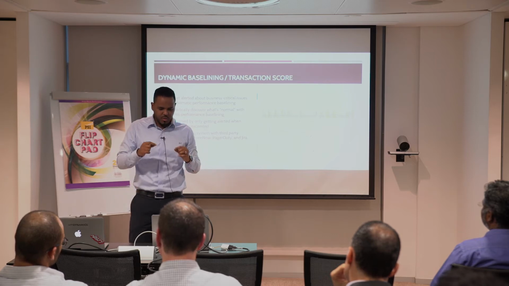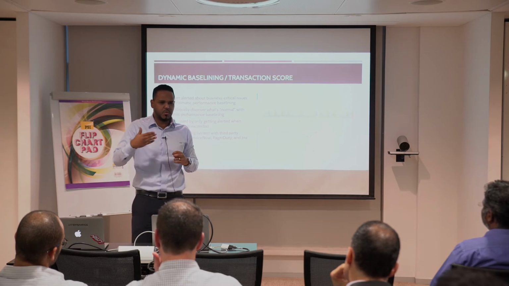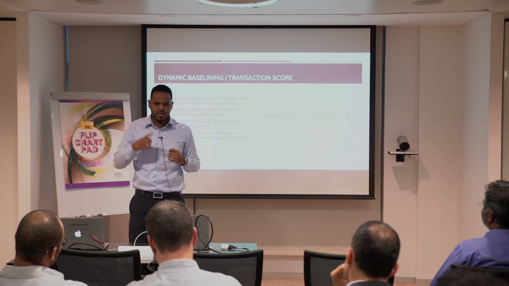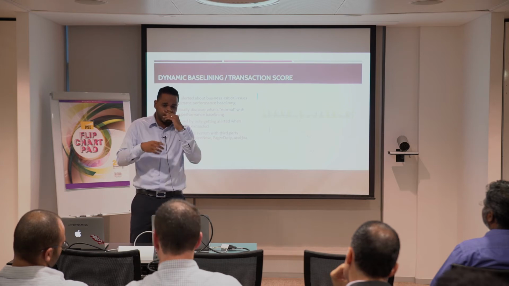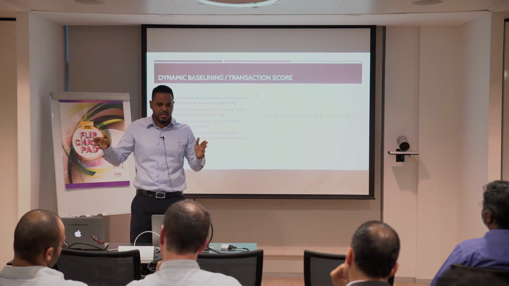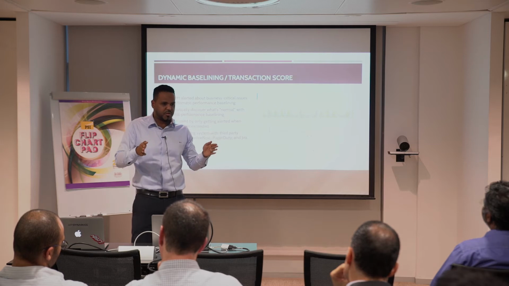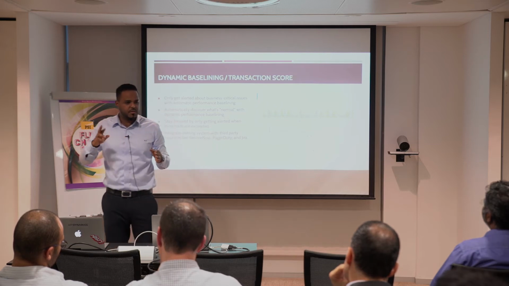So after some time, if for example you give it a month or 2 weeks, it will check all the business transactions and show the average response time of those business transactions for a specific period of time, and it will create a baseline.